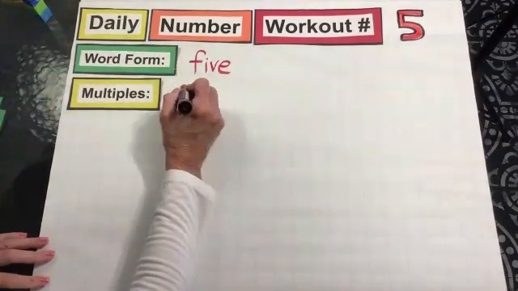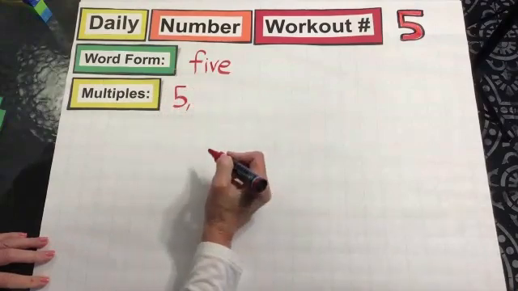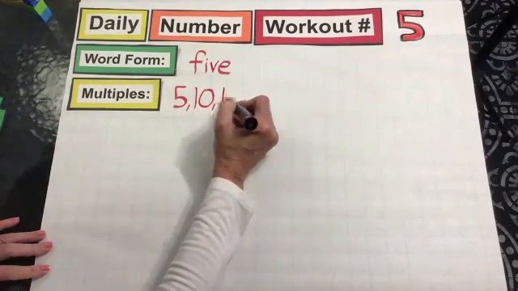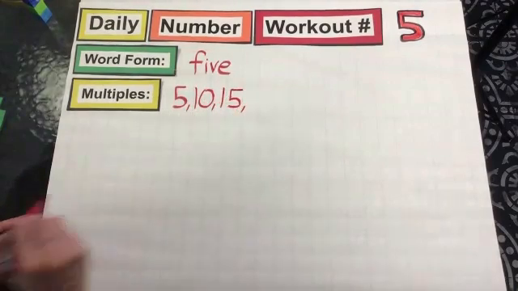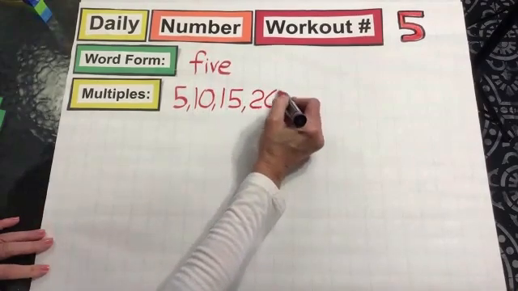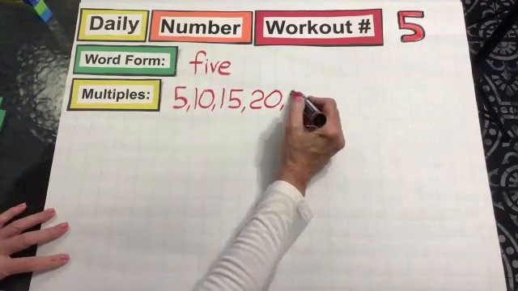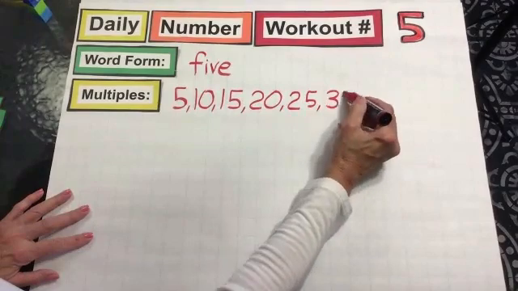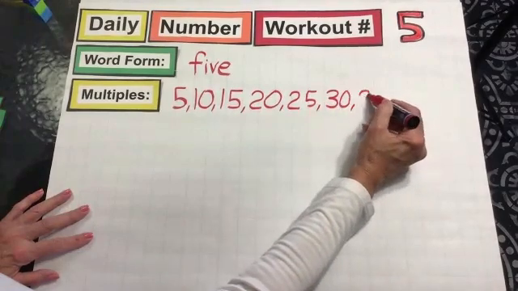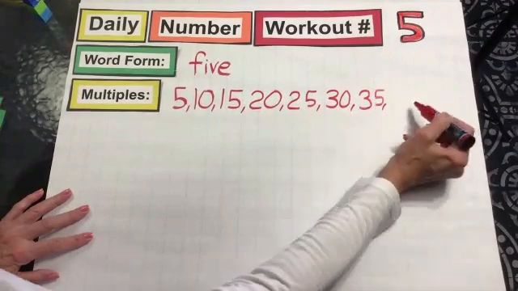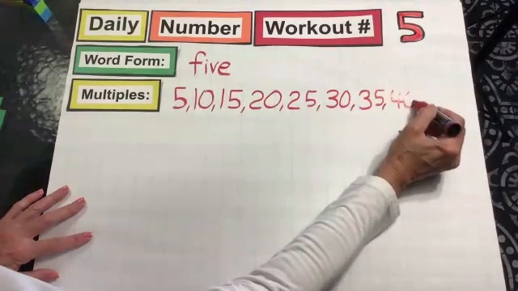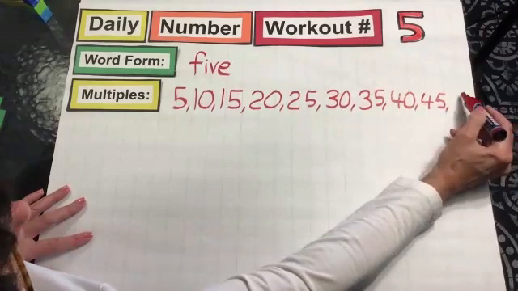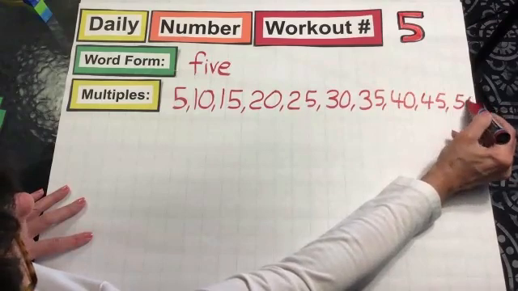So 1 times 5 is 5. 2 times 5 is 10. 3 times 5 is 15. 4 times 5 is 20. 5 times 5 is 25. 6 times 5 is 30. 7 times 5 is 35. 8 times 5 is 40. 9 times 5 is 45, and 5 times 10 is 50.